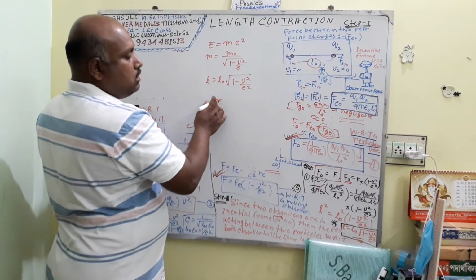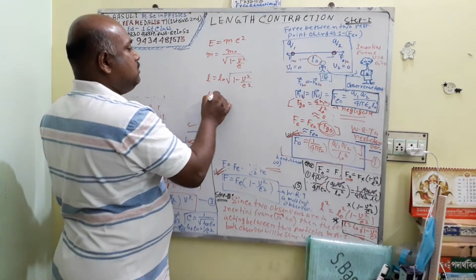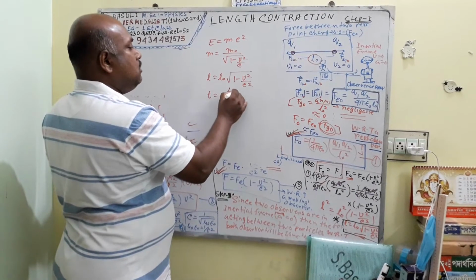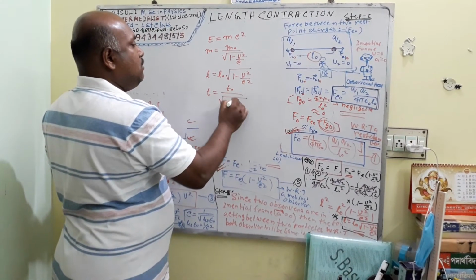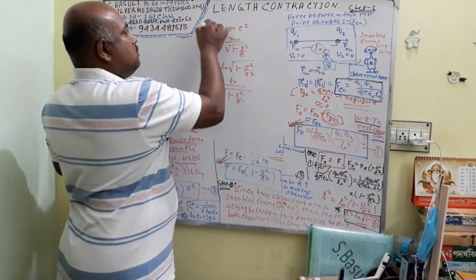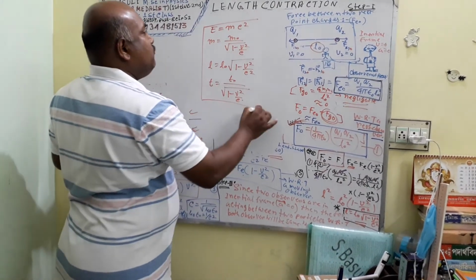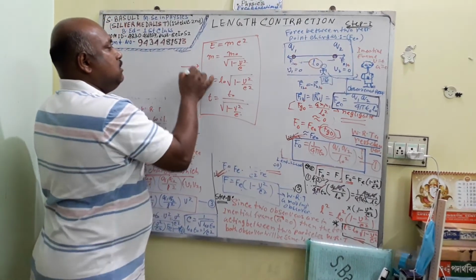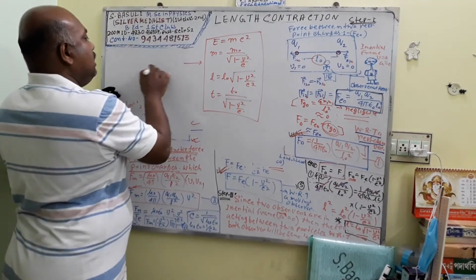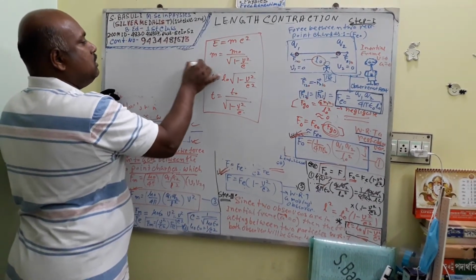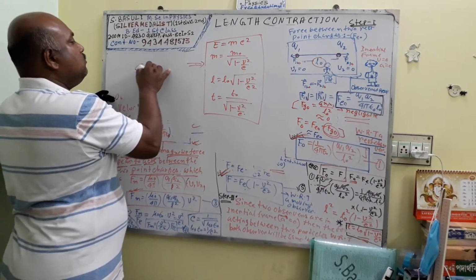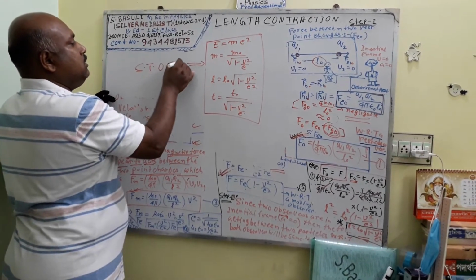And there is another formula, time dilation: T is equal to T naught divided by under root of 1 minus v squared by c squared. These are the famous formulas of Albert Einstein's special theory of relativity.